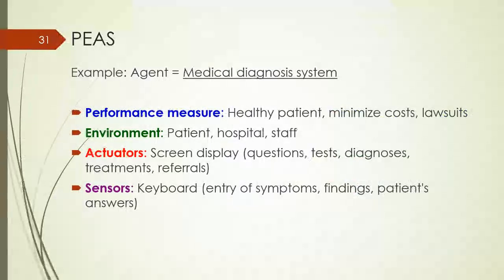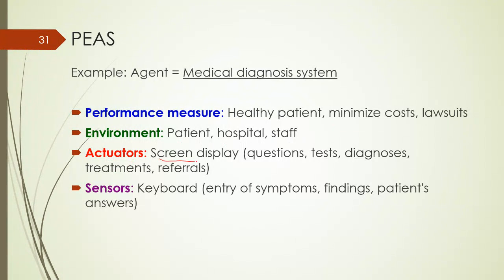Another example, a medical diagnosis system. If I have a medical system to diagnose, how do you measure that? By healthy patients, minimizing cost, lawsuits, difficulties you get into. The environment is patients, hospital, and other staff, nurses, doctors, people who are working.